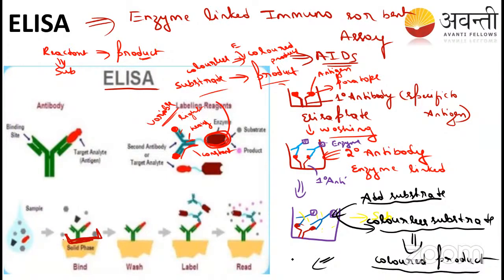Then we will say that this is a positive result. Okay, color came means positive result. If there is no color, we will say negative result. Okay, students, now you understood what is ELISA?